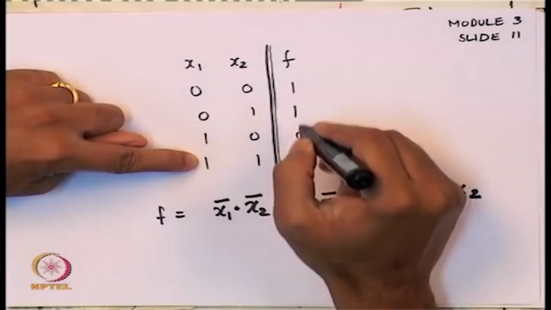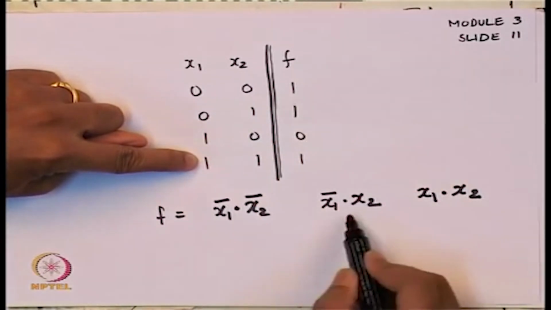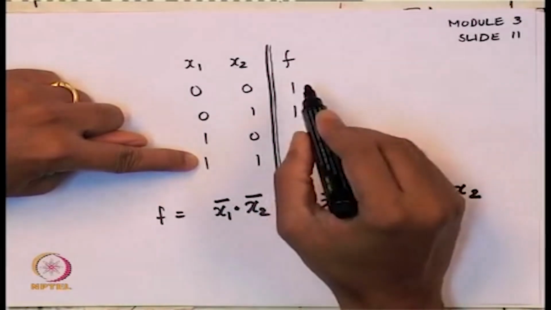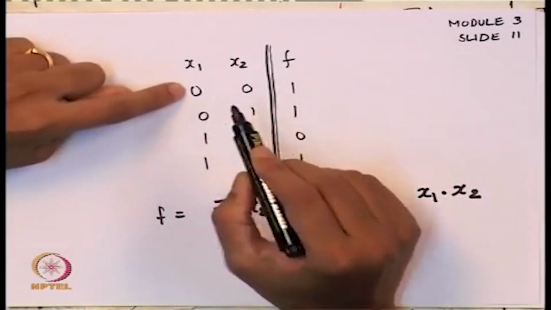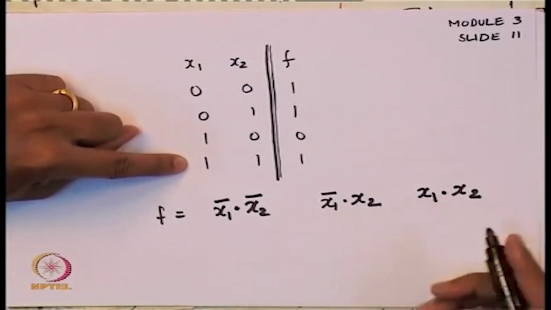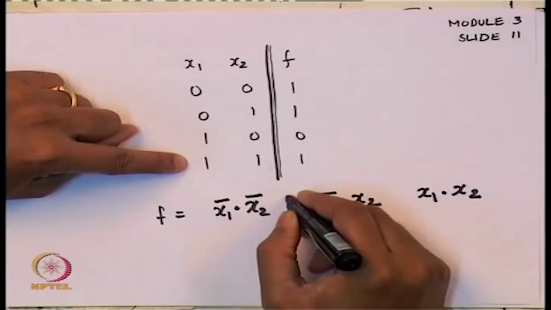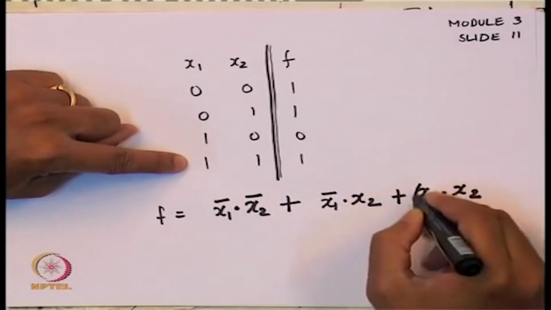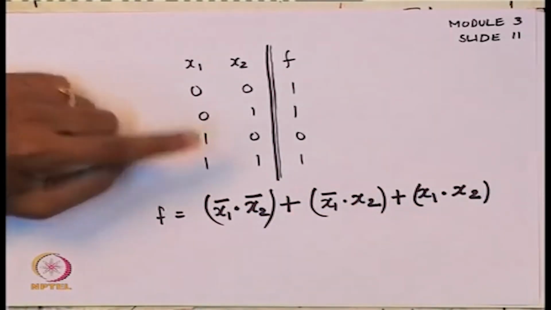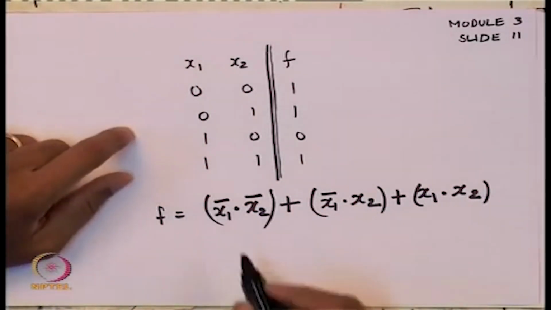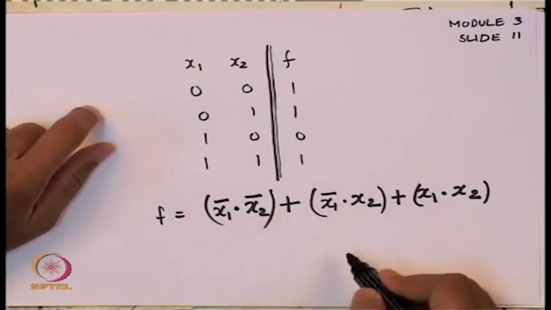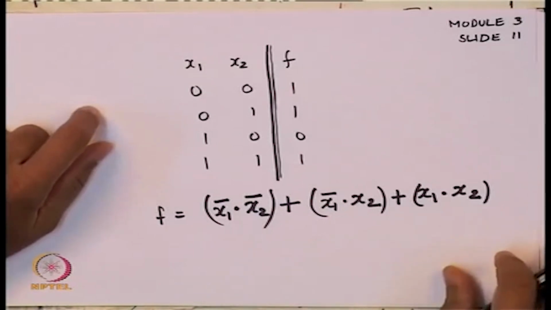So, we have 3 ones here, and these 3 ones correspond to these 3 terms. If this input is given or this input is given or this input is given, the output must be 1. So, we stick a plus in between these terms. That is the Boolean expression that we need. The Boolean expression for f is x1 bar and x2 bar, or x1 bar and x2, or x1 x2.